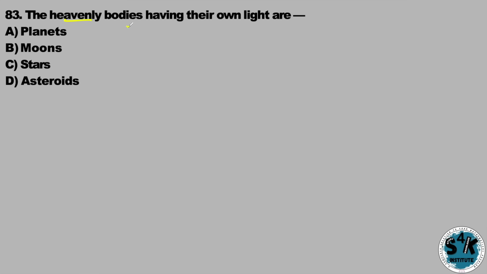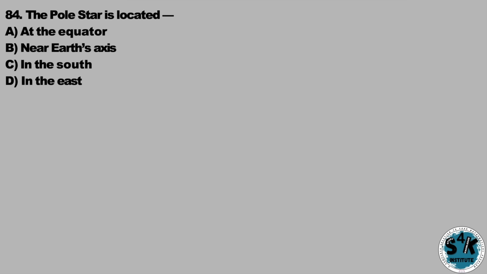The heavenly bodies having their own light are called, what do we call that, stars, like the sun. So where is the pole star located? It is located near the Earth's axis, in the north direction.